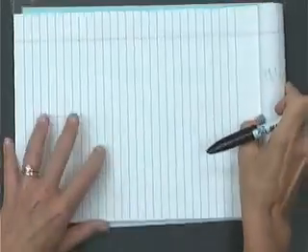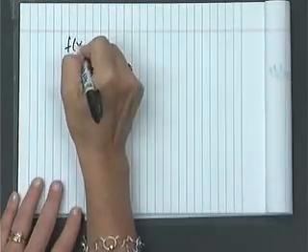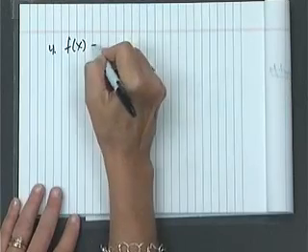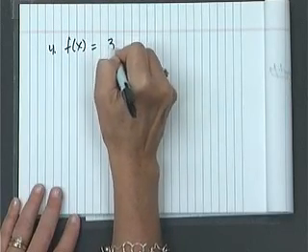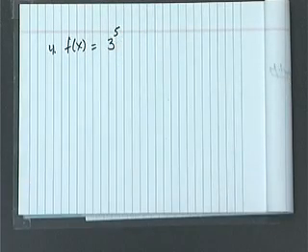Okay, let's try another one. This is example 4, right? F of x is equal to 3 raised to the 5th.